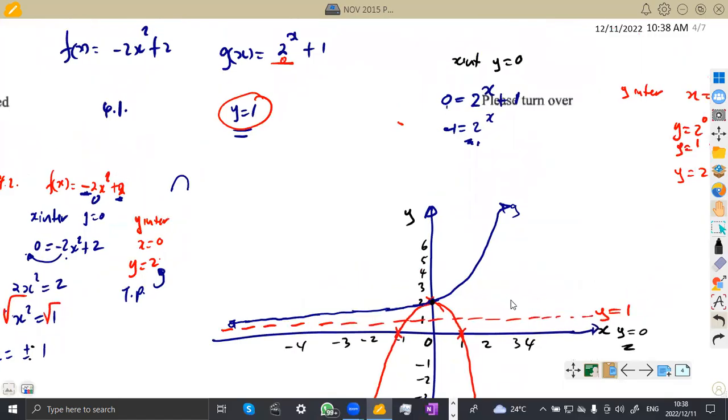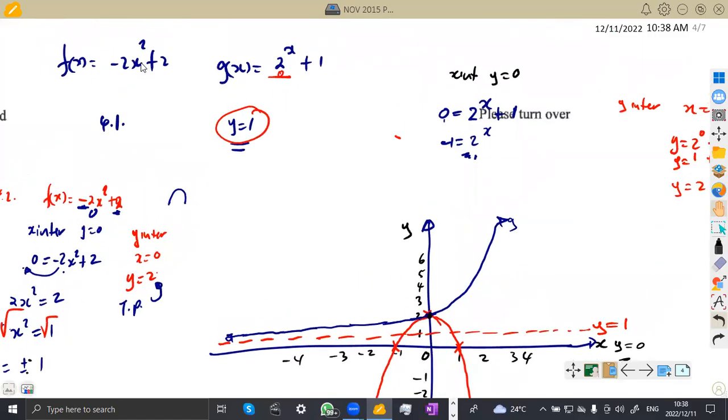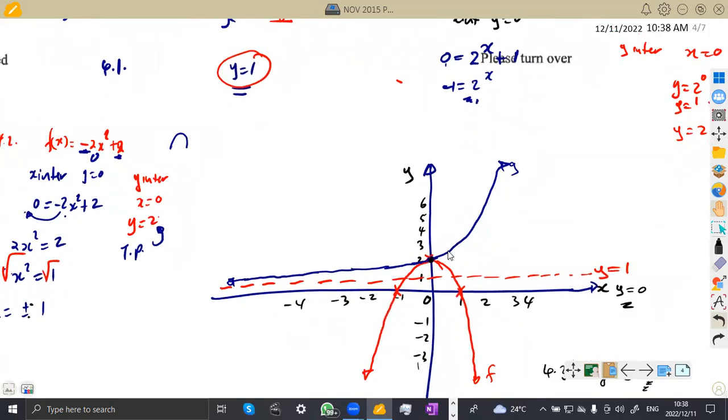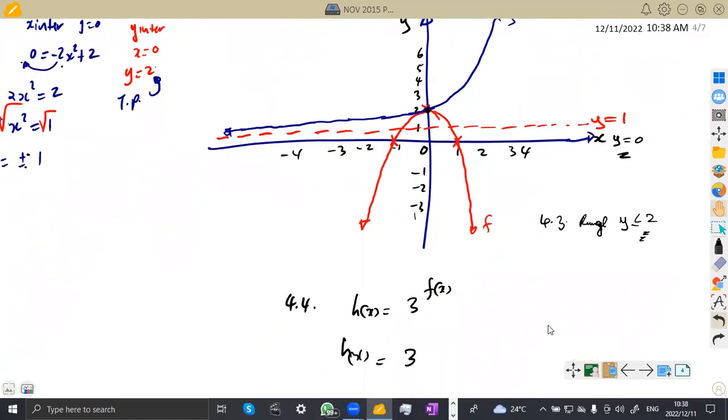Remember, our f of x is minus 2x squared plus 2. All right. So this is minus 2x squared plus 2, like this. So the question is asking, where are we going to have the maximum value of x?